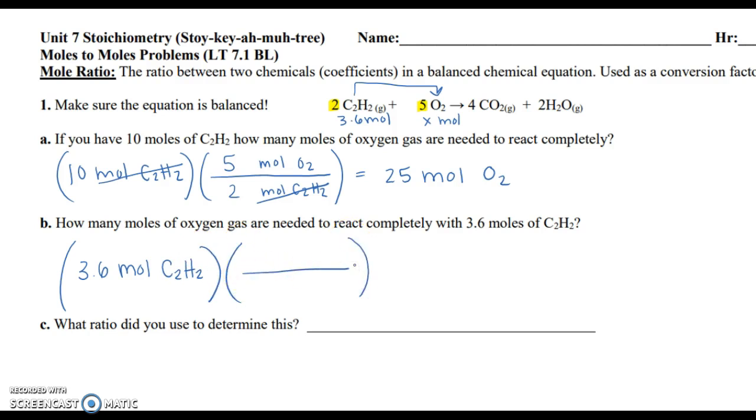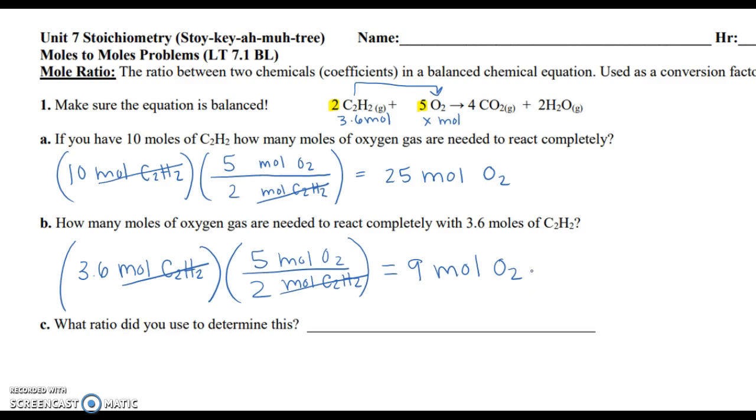The only thing that I can cancel out is moles of C2H2, and I'm turning it into moles of O2. My ratio is still for every 5 moles of O2, I need 2 moles of C2H2. When I plug into my calculator 3.6 moles of C2H2 times 5 divided by 2, I get 9 moles. Moles of C2H2 cancels. My unit is in moles of O2.